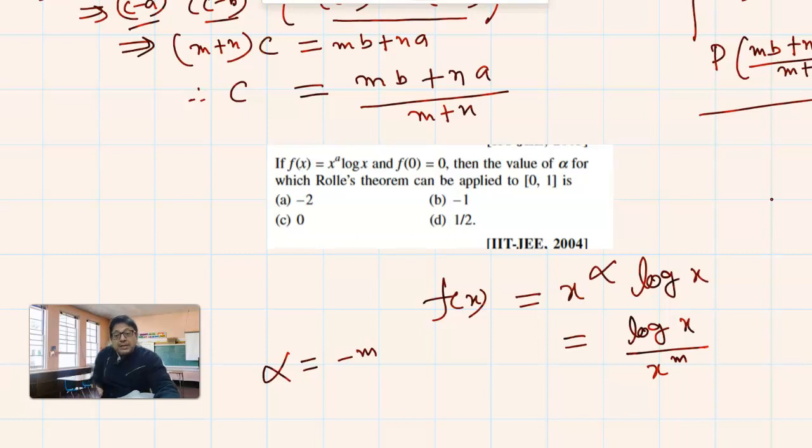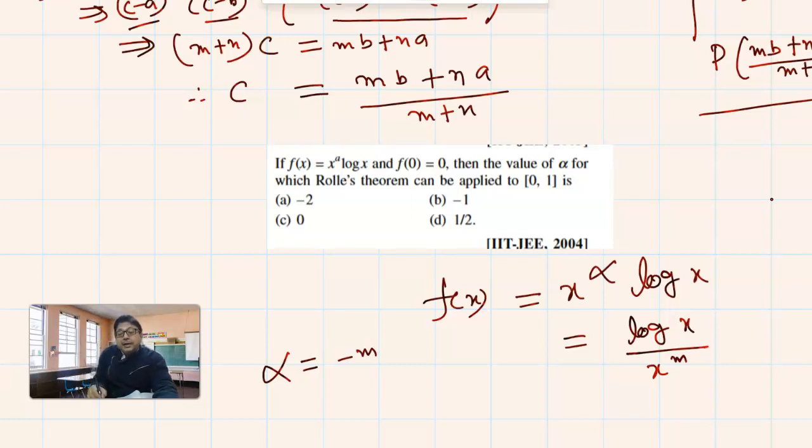Now the question arises, can we find f(0)? Can we find the limit just before 0 or just after 0? No. Because if you put x equal to 0 here, the form is not 0 by 0. Log 0 is minus infinity and this is 0. Minus infinity by 0 is not an indeterminate form where you can apply L'Hopital rule.